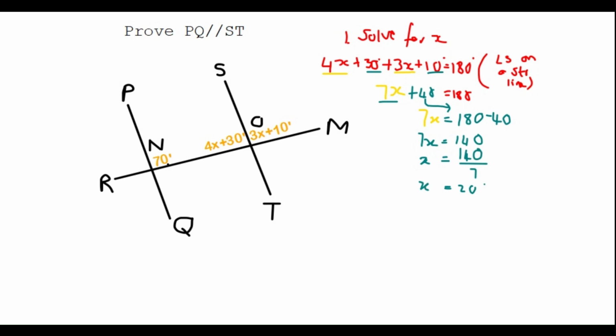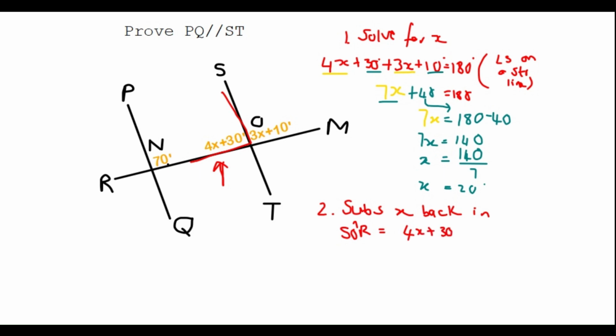So remember, my first step taught me to solve for x. Now my second step would be to substitute x back in. If I substitute it in for this angle, which is called SOR, I see that it's 4x plus 30.